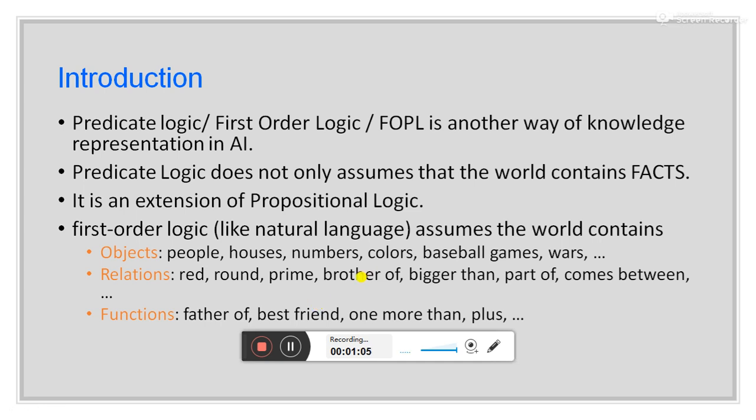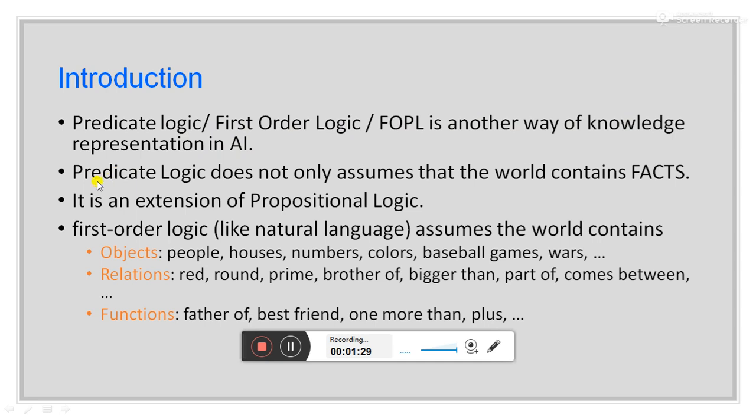In the last lecture I discussed propositional logic. There is another representation technique, which is called predicate logic or first order logic, or first order predicate logic. Basically it is another way of knowledge representation in artificial intelligence.